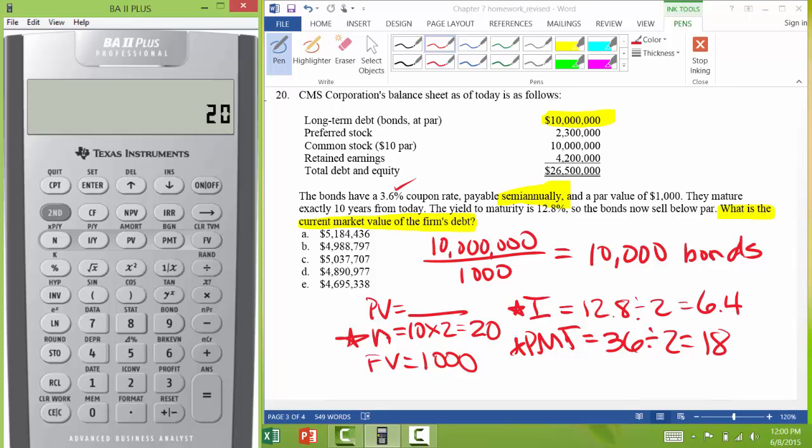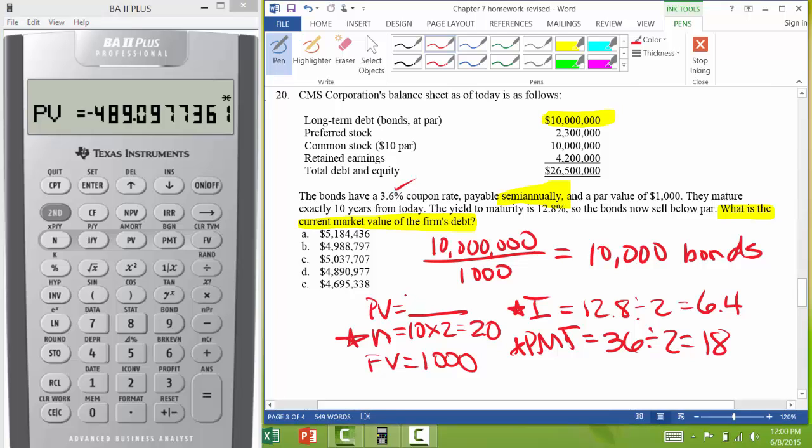So 20 is in, 1,000 is the future value, 6.4 is I, and 18 is the payment. And then I'll just hit compute present value. And so I get $489 and let's say 10 cents.